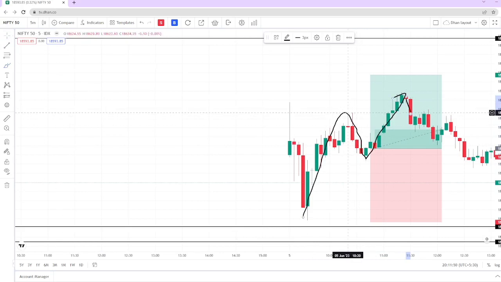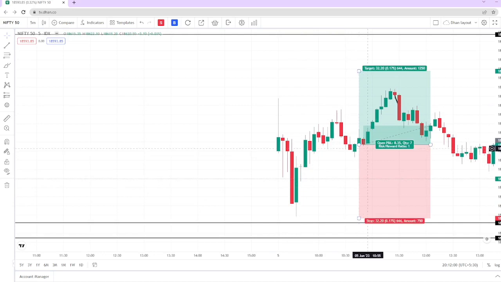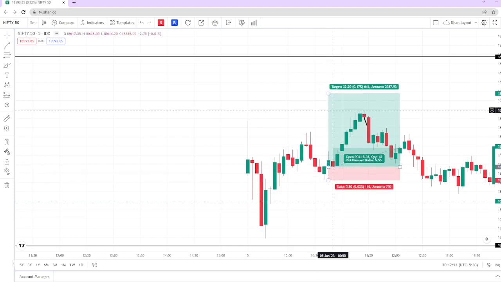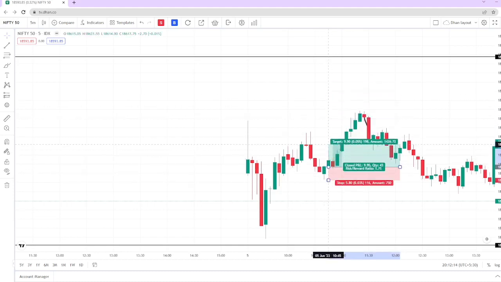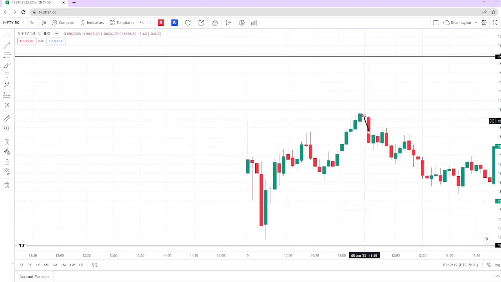So traders, in this kind of setup, when the market has shown strong buying as previously, and then it went up, and then we see a strong green candle with reaction from the downside and closing at around its highs, this can be a good entry to take a scalping trade with a stop loss just below the wick of the green candle. We can easily get 1:1, 1:2, 1:3 in this kind of trade. When you're scalping, it is best to book some quantity and then trail the remaining slowly to cost.